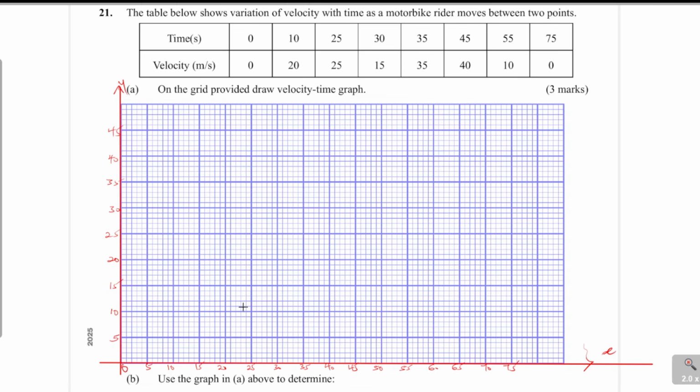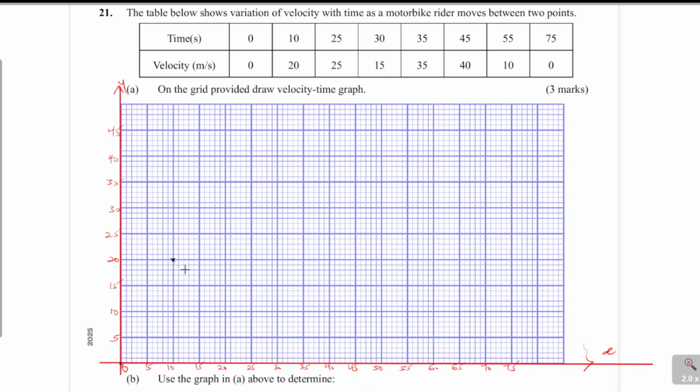Now we can plot time 0, 0. The first one, time is 0 seconds, velocity is 0. So we're starting from that. Then 10, 20.